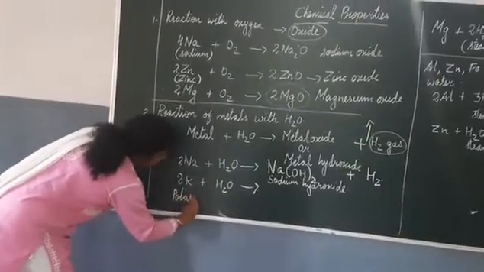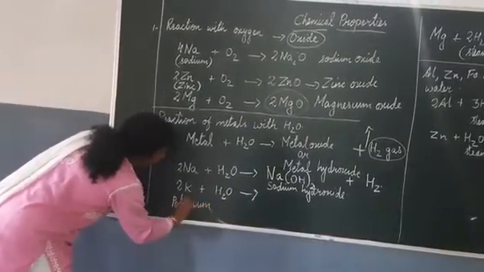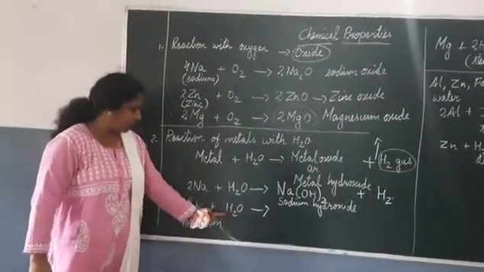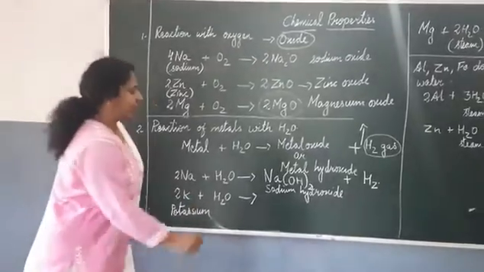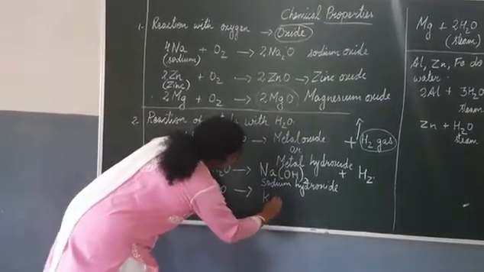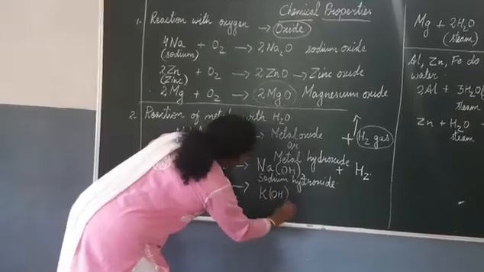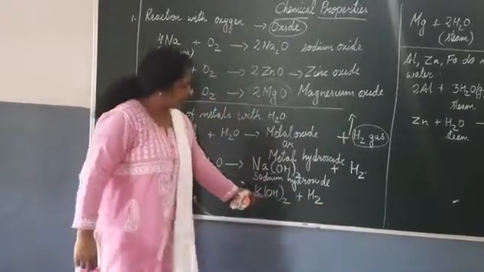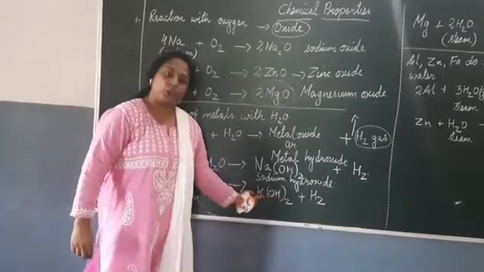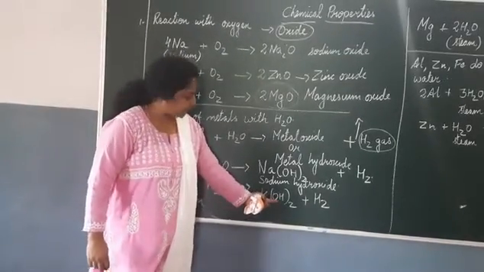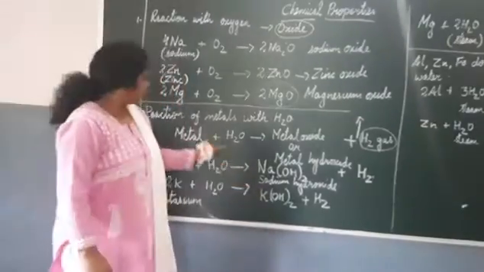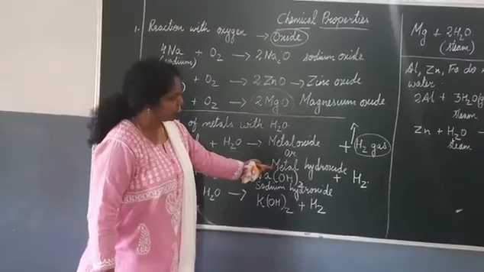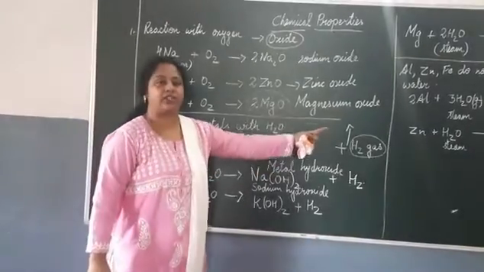Now, when potassium reacts with water, it will form potassium hydroxide, KOH, plus hydrogen gas. What is KOH? KOH is potassium hydroxide. Clear? So, metals on reaction with water will form either metal oxide or metal hydroxide along with hydrogen gas.